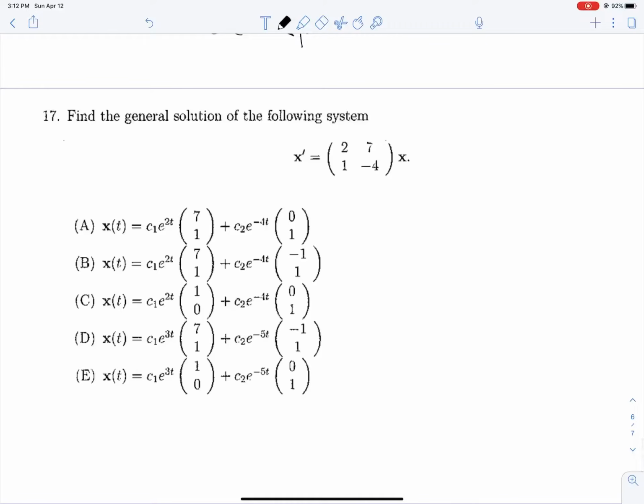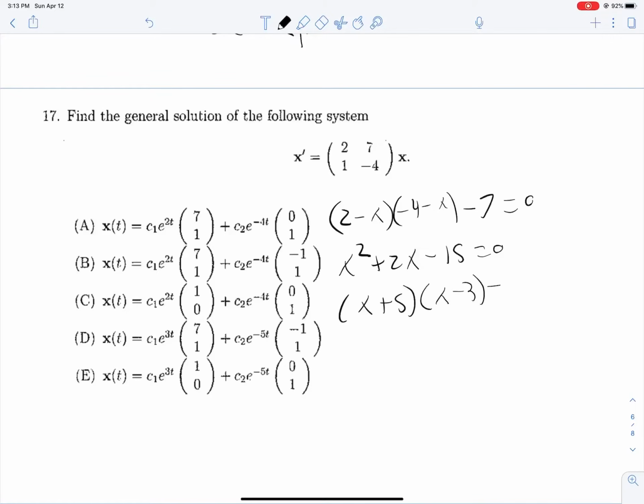17, let's find the general solution to this system right here, solving determinant of A minus lambda I equal to 0. 2 minus lambda, negative 4 minus lambda, minus 7 equal to 0. Lambda squared plus 2 lambda minus 8 minus 7 is minus 15 is equal to 0. Lambda plus 5, lambda minus 3 is equal to 0.